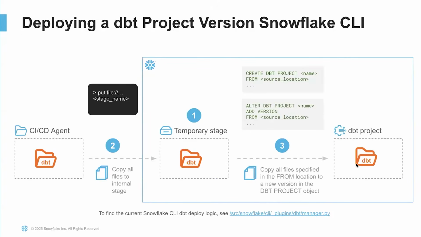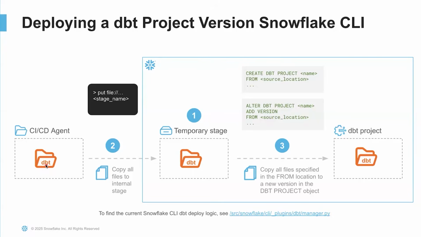And I did a visual version of that as well, so for those visual folks, it makes it a little easier. Imagine your CI/CD agent, your GitHub Actions agent, running here. You have a copy of your project. It first creates a stage in Snowflake. Then it copies all of those files. So in this step, before you do the deployment, you're going to want to do things like, if you have dependencies, you can run your dbt deps there, and you can have all those dependent files created.